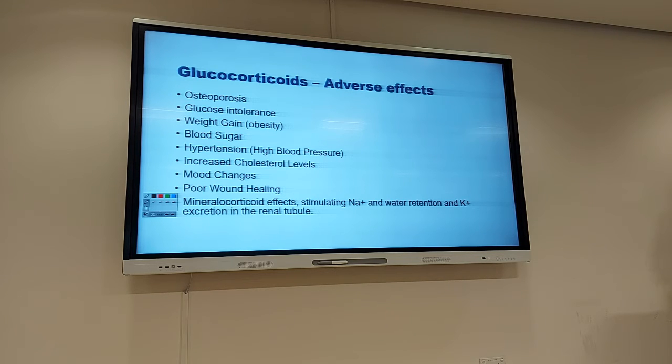The side effects usually depend on how long they've been used. Weight gain, osteoporosis, glucose intolerance, something we see with long-term use, hypertension, high cholesterol, mood swings with short-term use, poor wound healing, and also mineralocorticoid effects.